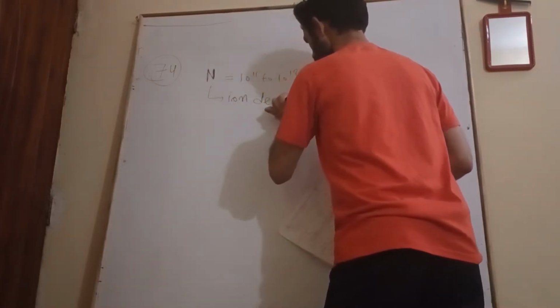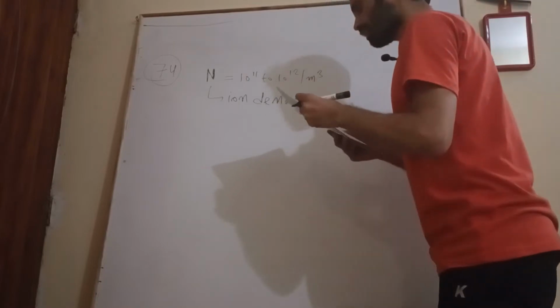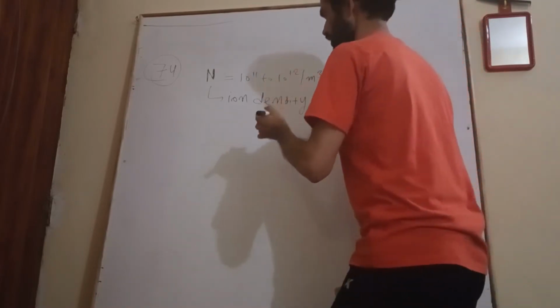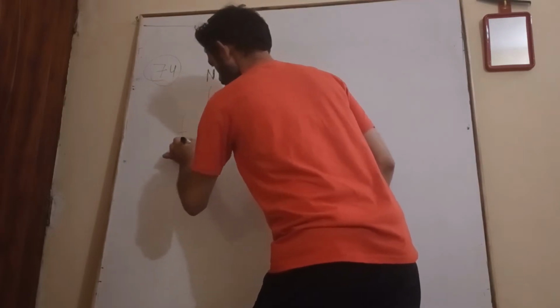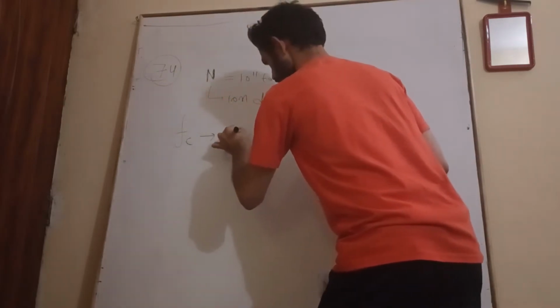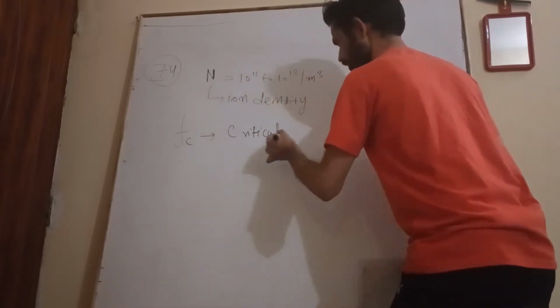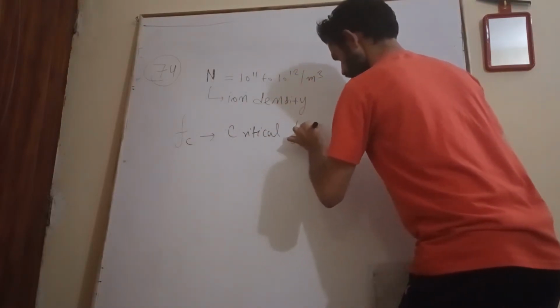This is my ion density that is given, and he's asking how the critical frequency changes approximately.